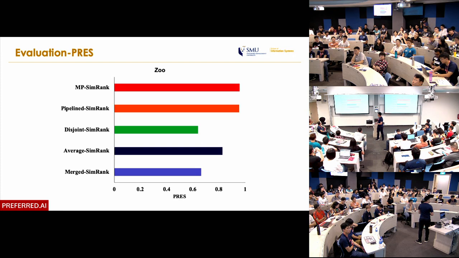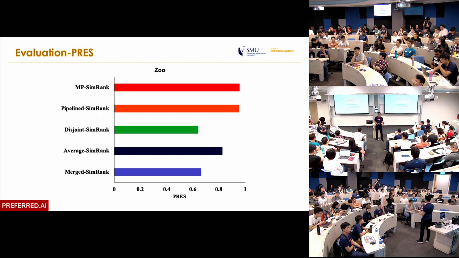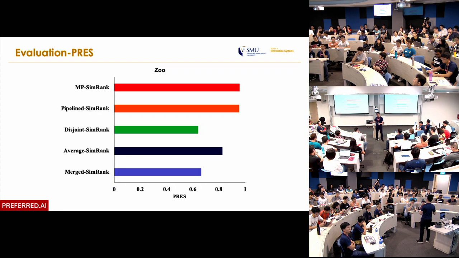You can observe a similar picture for the second metric. So this is to say that by modeling both the similarity between two perspectives and the similarity between objects according to one particular perspective, you can better quantify how two objects are similar according to one perspective.